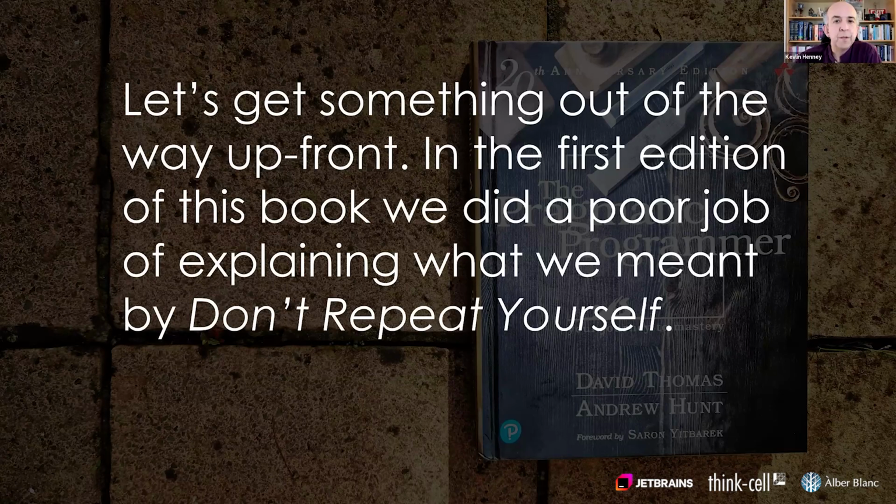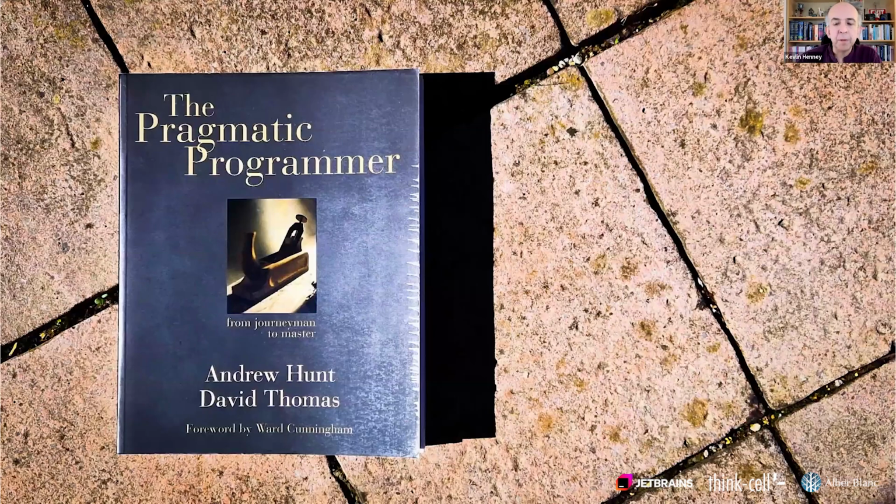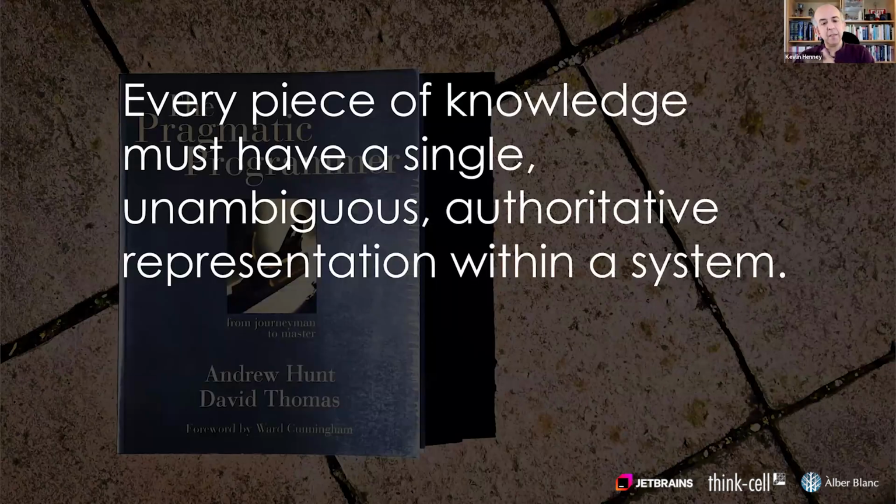Okay, let's go back to the first edition. Here's my copy of the first edition. Every piece of knowledge must have a single, unambiguous, authoritative representation within a system. I don't think that's that ambiguous. I don't think they did a poor job of providing a definition, but perhaps in the supporting explanation. People don't learn from abstract statements.